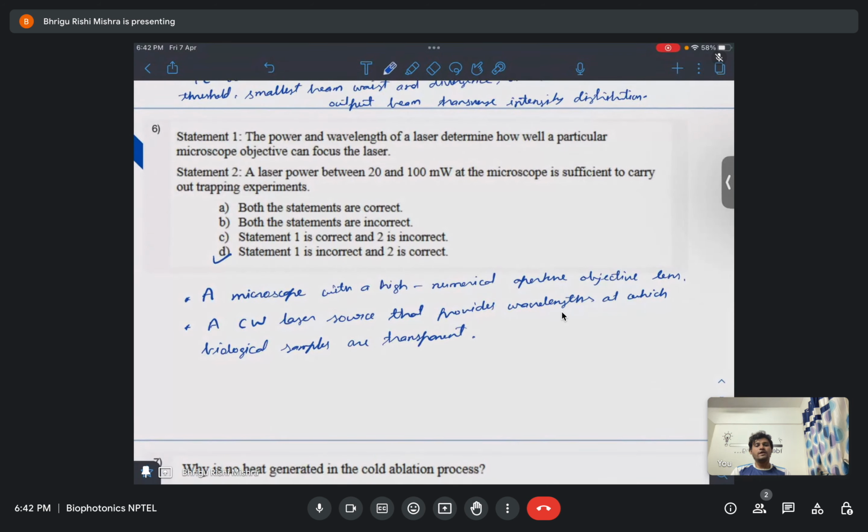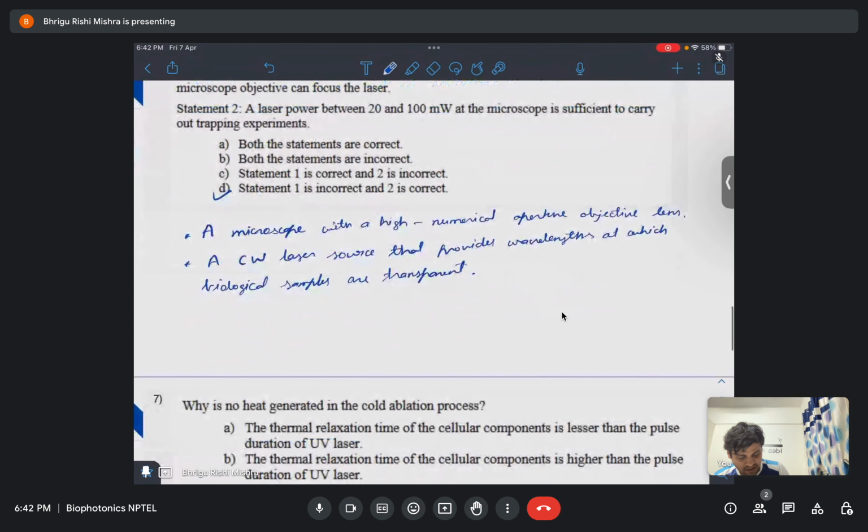So generally, near visible region is used. Okay, that means 700, like visible to near IR, or you can say near IR, basically not visible, because visible is still 400 to 700. So 700 to 1300 nanometer range is used for optical trapping, because it doesn't get absorbed by the cells.